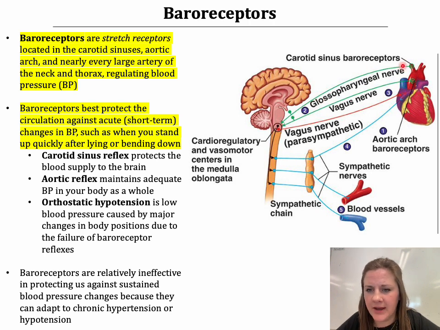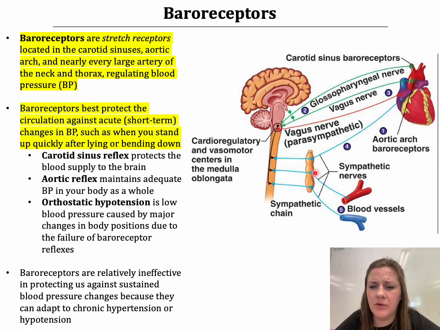So these two green lines representing sensory information going to the brain, and then red being outgoing information via the vagus nerve, so under parasympathetic control, and then blue being outgoing motor information within the sympathetic nervous system.